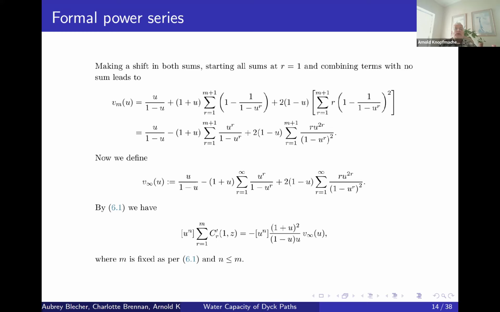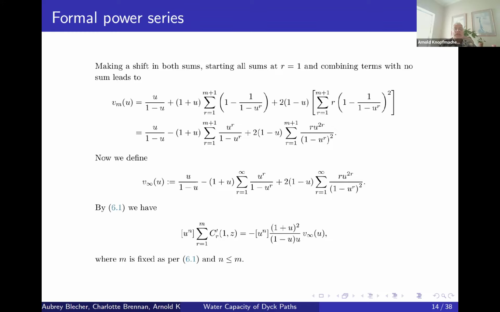Now we are finally back at the stage where we can say we don't want an upper bound m, we actually want infinity. The good news is everything is now convergent, and we are allowed to let m tend to infinity. This gives what I called the V infinity function.